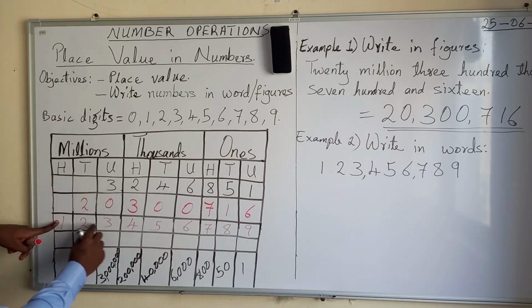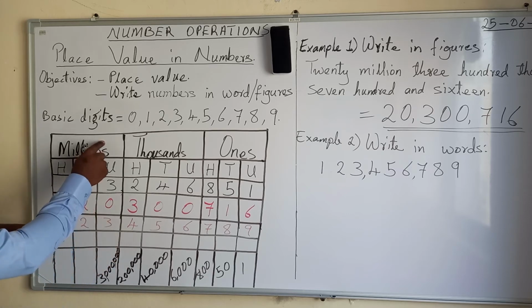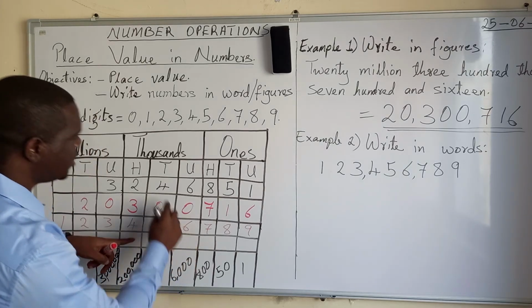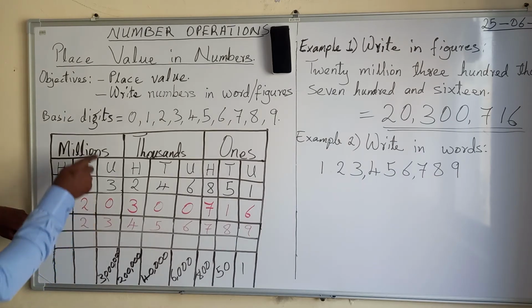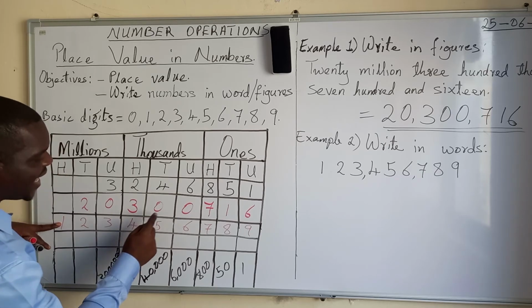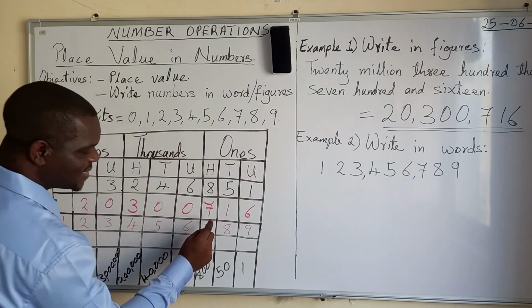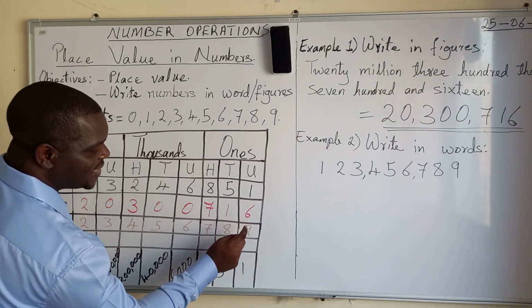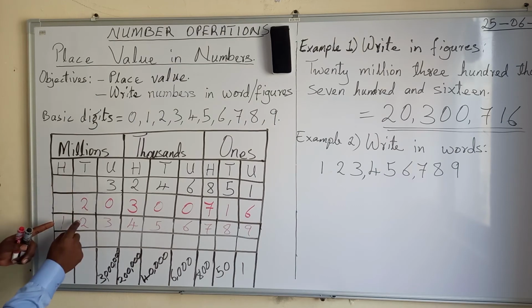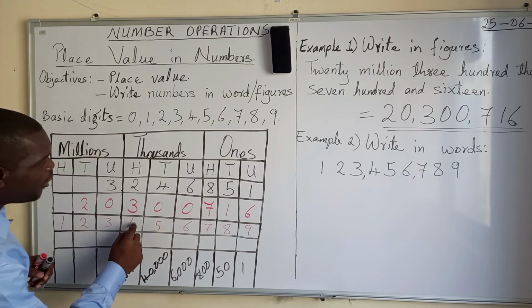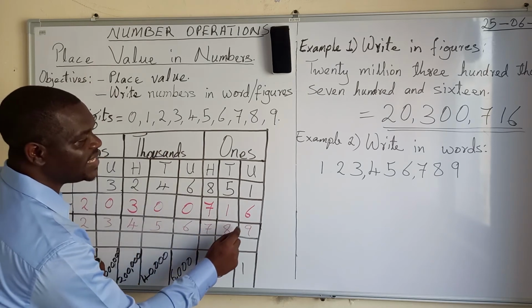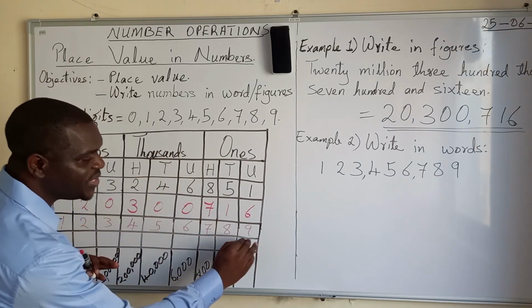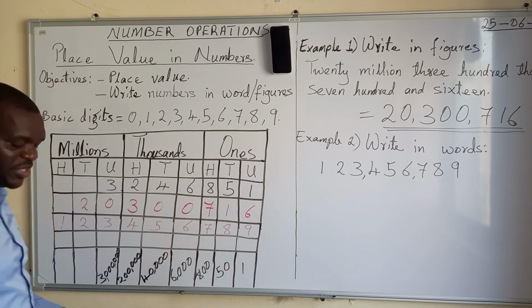So you read the first 3 numbers under million, the next 3 under thousand, and the next under ones. It is read as 123,456,789. Once you can read, that is exactly what you're going to write down.